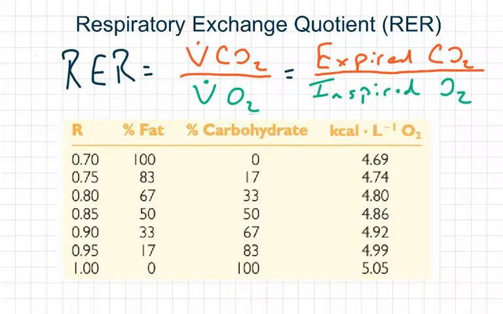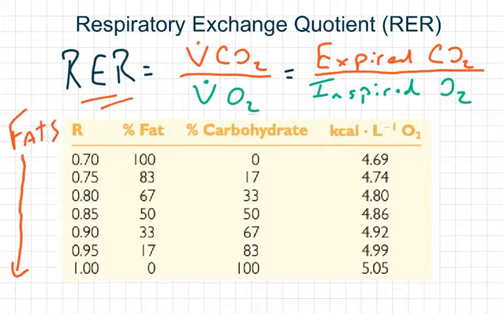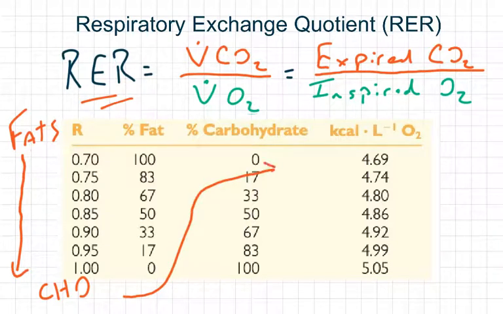And so within this concept of the RER, with the increasing intensity and the shift from fats to carbohydrates as the primary fuel source, we are inadvertently discussing this concept called the crossover concept.